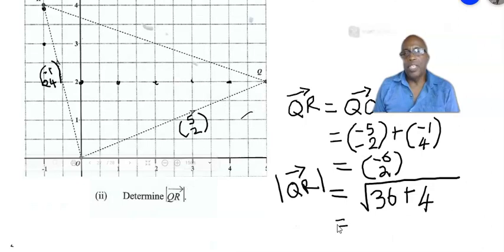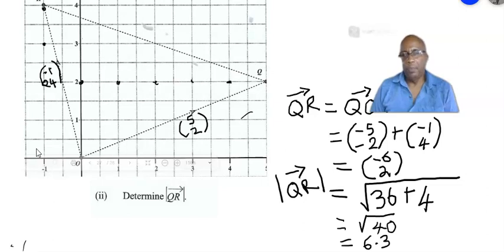Thirty-six plus 4 is 40, so it is simply the square root of 40. So we use our calculators to find the square root of 40, and you're going to get 6.3 as the square root of 40. And that is the magnitude of vector QR.